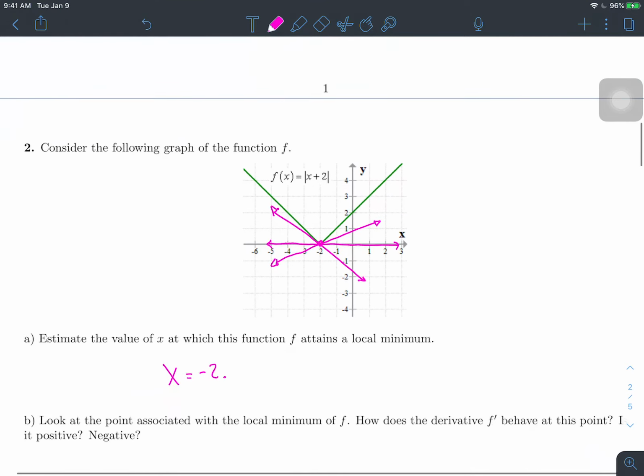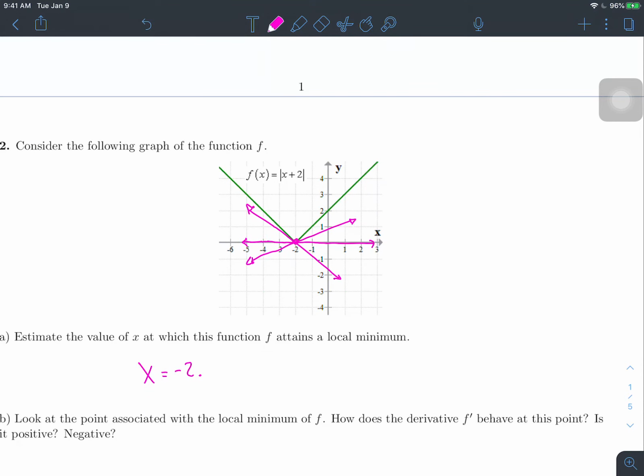So in this case, what we say is that f prime of -2 does not exist. Okay, it does not exist.